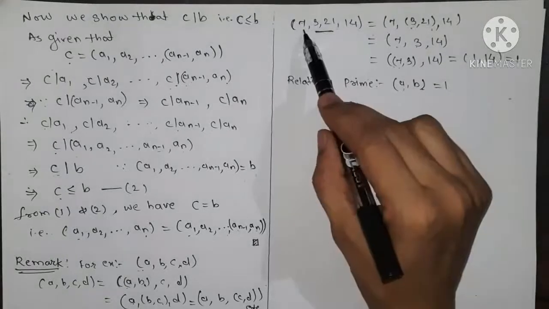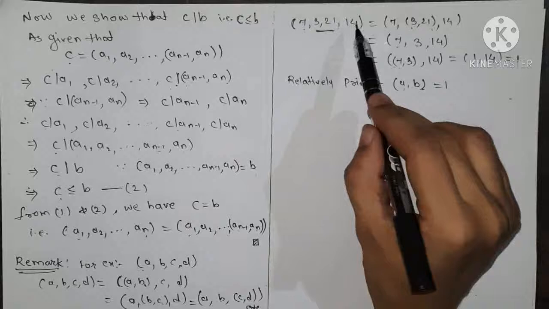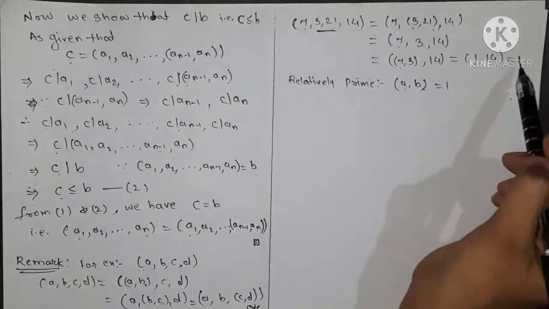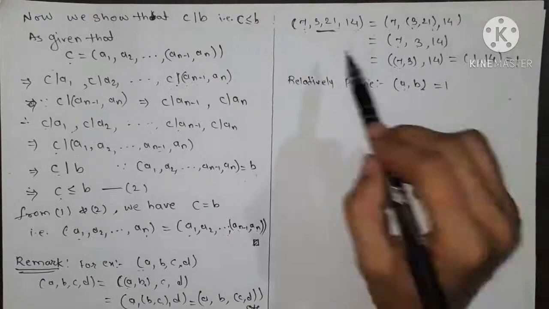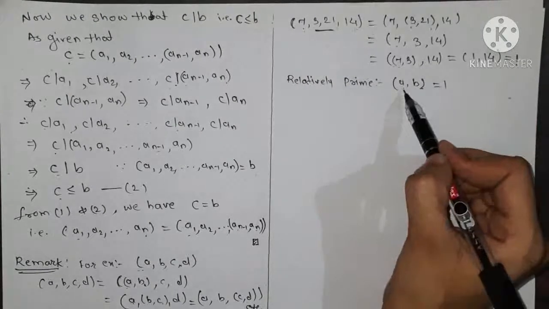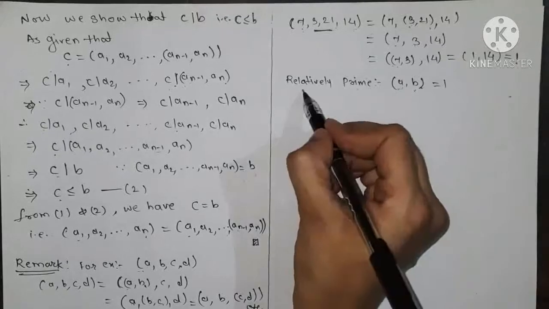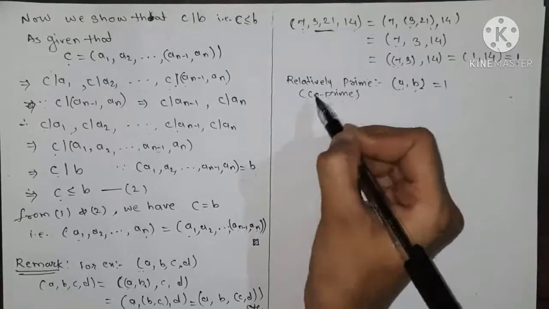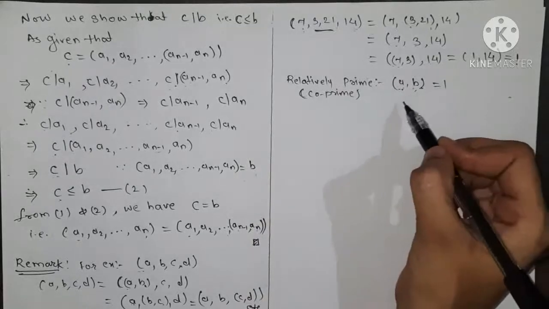Here the GCD of 7, 3, 21, 14, that is, of all these integers, is coming out to be 1. As in the case of two integers, we call this relatively prime, or there is another word for it, co-prime.